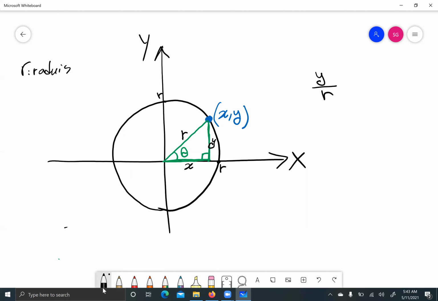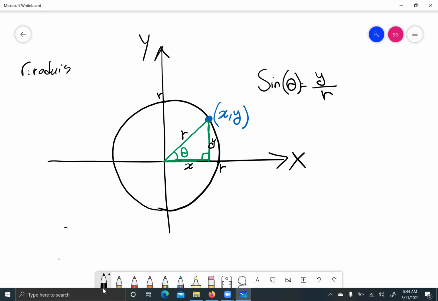Now, if you take the ratio of y over r, then we define this to be the sine function, and it's based on theta, the angle. It's very simple. You recall geometry: you have a right triangle, and you have the values of the sides of this right triangle, so you can compute this ratio, y divided by r.